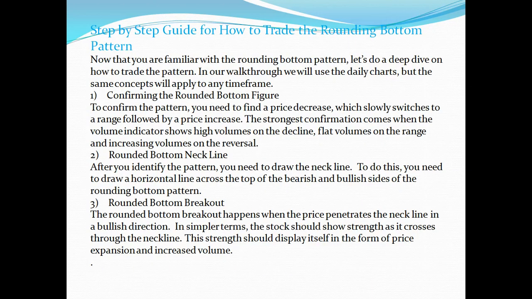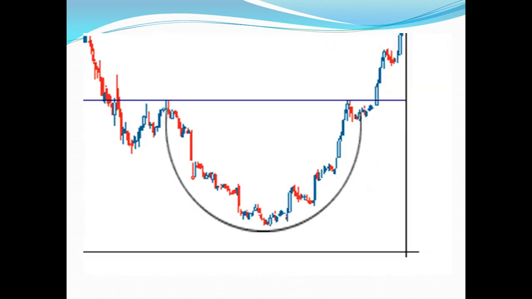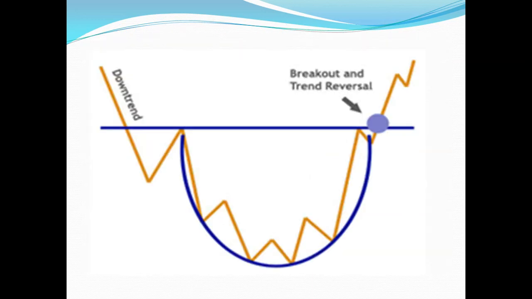Step by step, I will let you know how you have to trade the rounding bottom pattern. So now you know how the rounding bottom pattern behaves. I have shown you in a clear cut diagram, you can draw that.